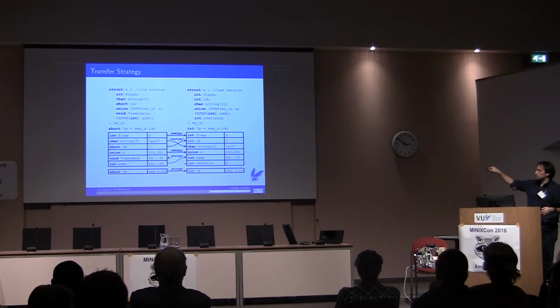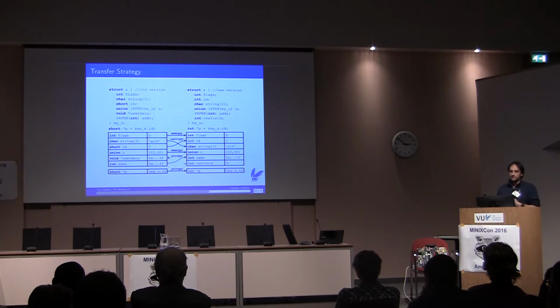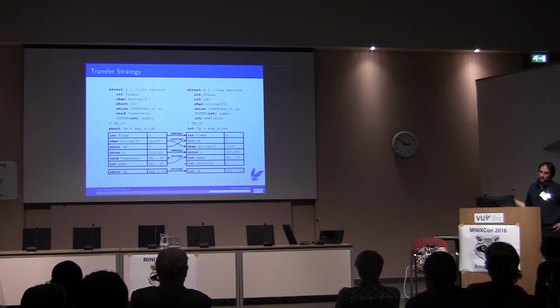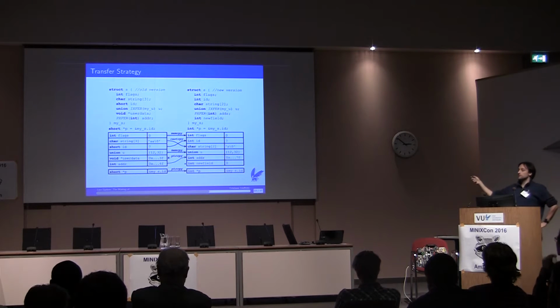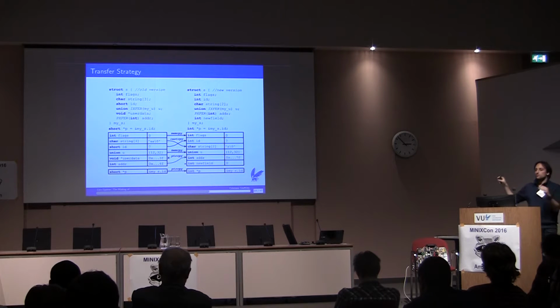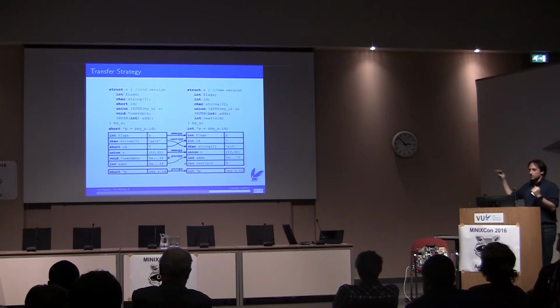Now, assume that the top of the slide is our program state in a single component live update. So we have a single data structure with some pointer into this data structure. Okay? And what you see on the left side of the slide is the representation of this data structure on an old version of the component, and on the right side of the slide it's its new version. If you look through the different fields of the data structure, you will see that we operated a bunch of transformations, right?